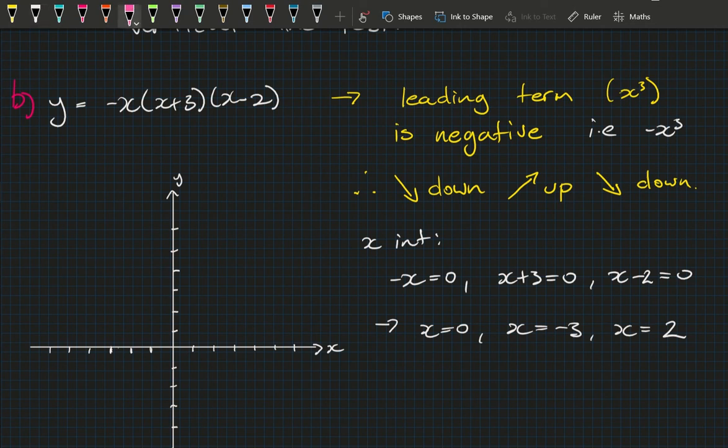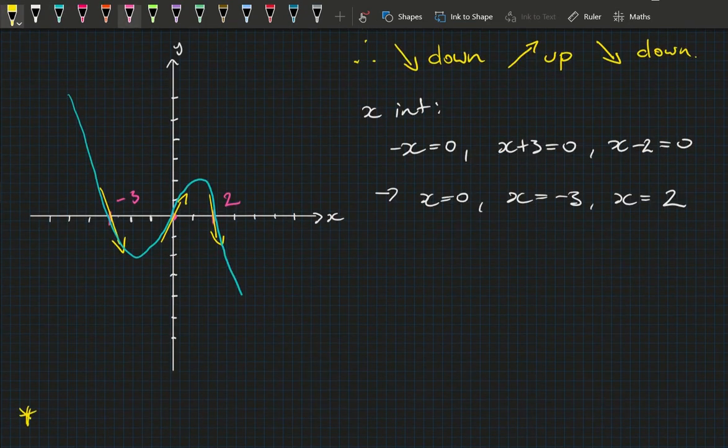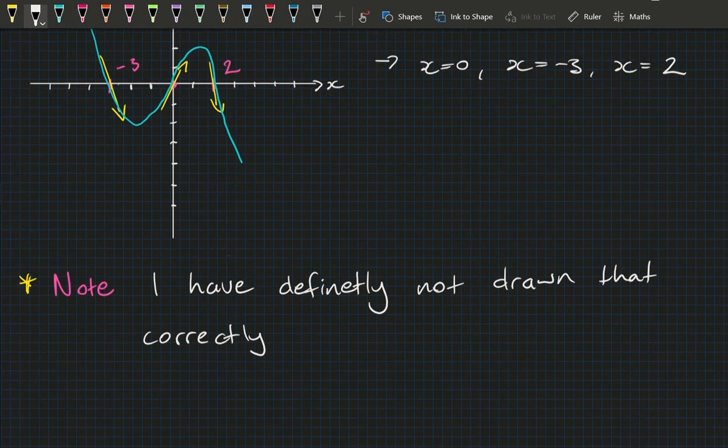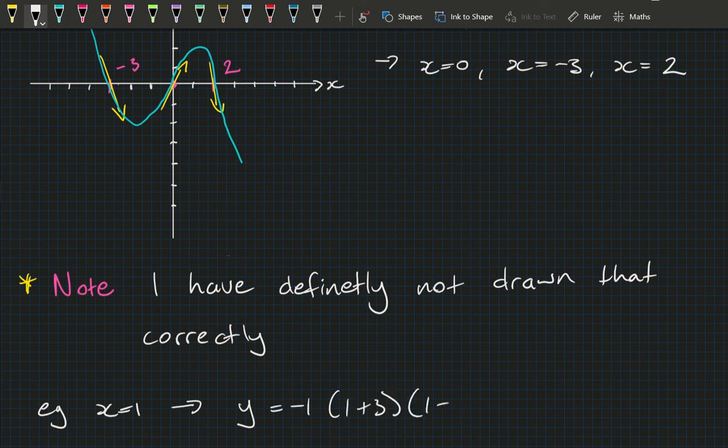I've got x equals minus 3 and 0 and 2. And we know that we want them to be going down, up, down. So we can draw the graph in something a little bit like that. Just take a note here actually that I've definitely not drawn that correctly. Because if we subbed in x equals 1, then y would equal minus 1 times 1 plus 3 times 1 minus 2.